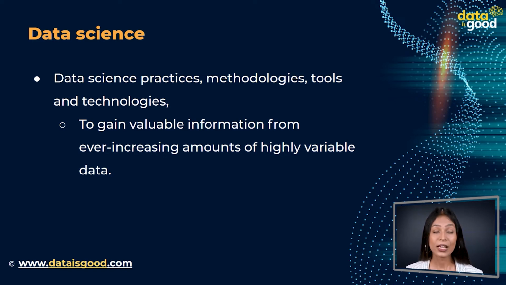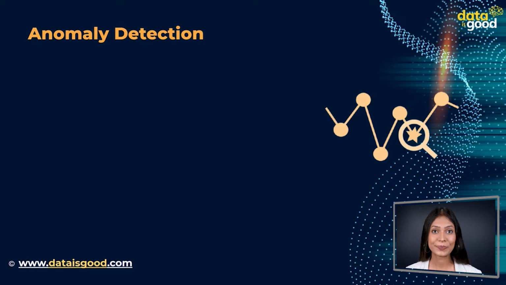Now let us look at some common industry problems solved by data science and applications of data science. First industry problem that can be solved by data science is anomaly detection. Data science uses statistical analysis to sort anomalies in data sets, particularly large ones.